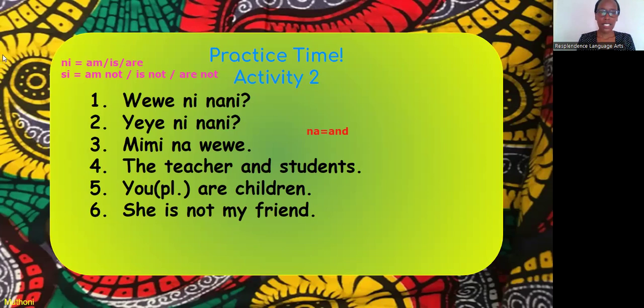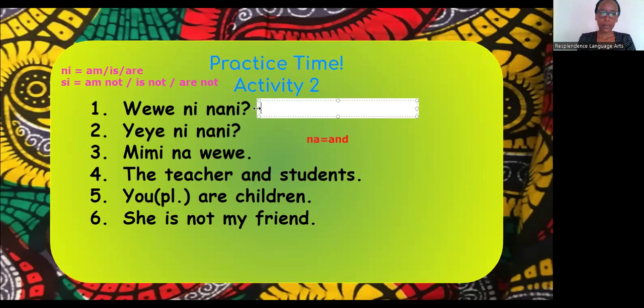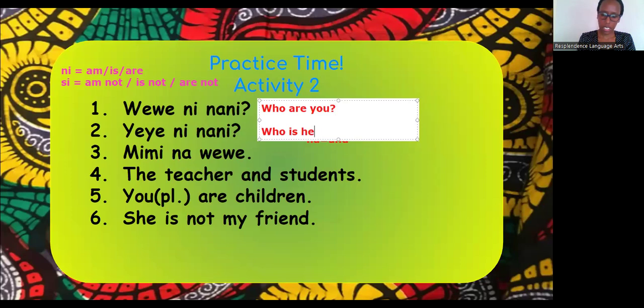So let me write this very fast over here. Yes, this is literally you are who. But let's write this in proper English. Who are you? And over here we have yeye ni nani? Who is she? He or she? Remember what we said? Yeye ni nani? Literally, she is who? And then we have mimi na wewe, I and you.